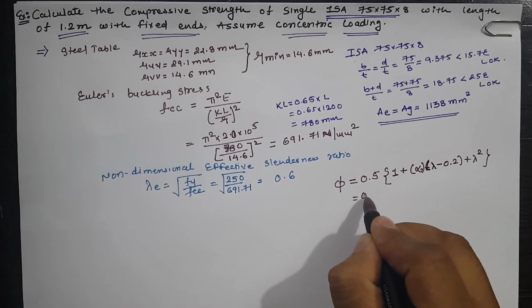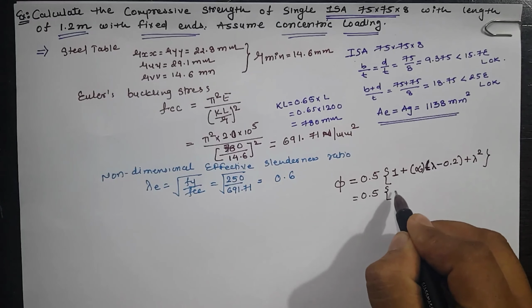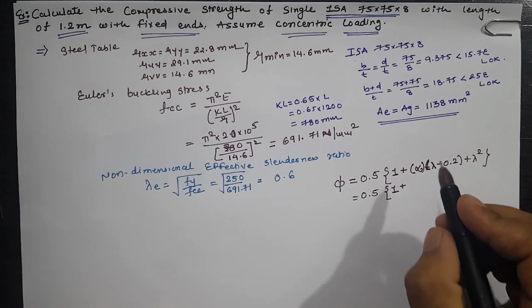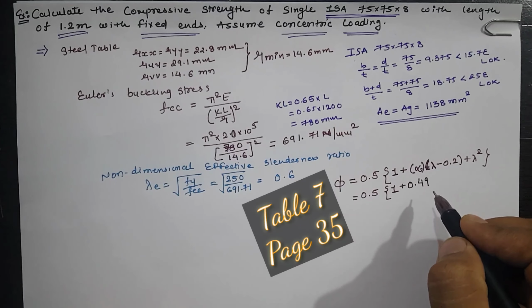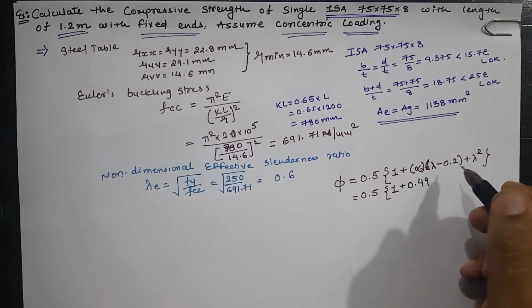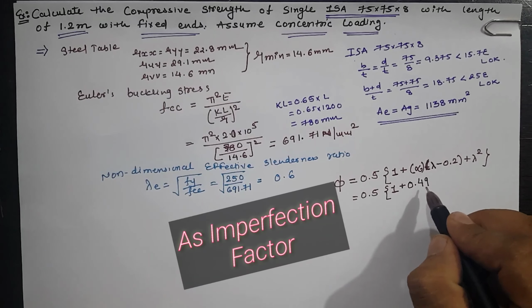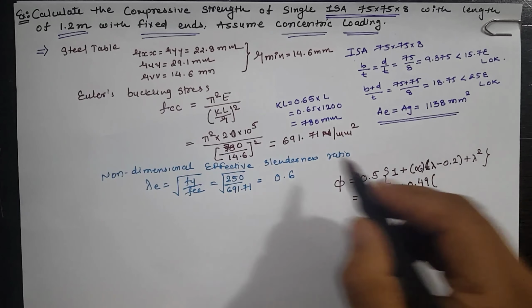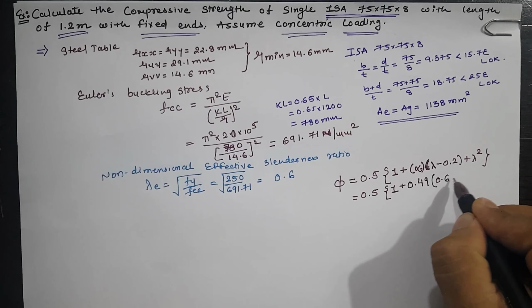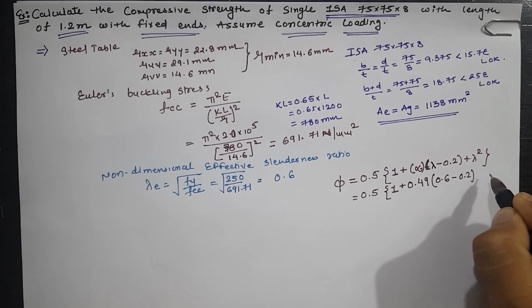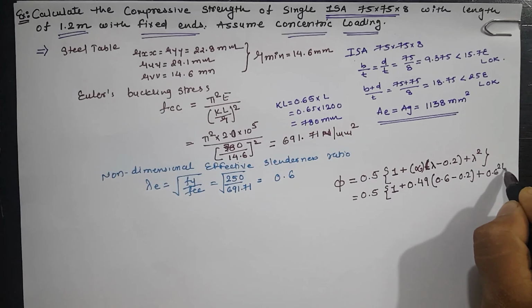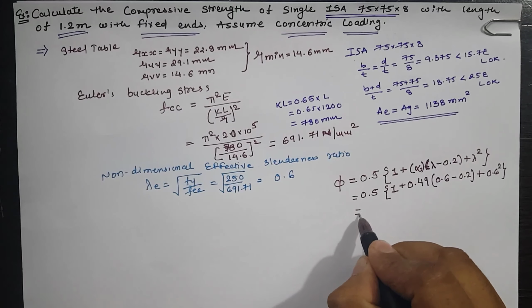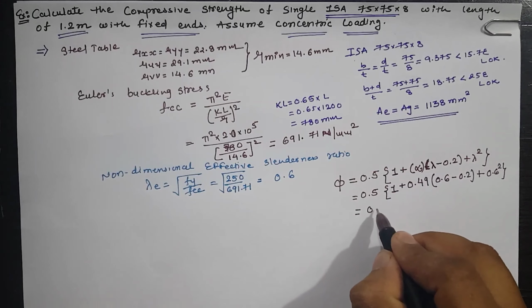Putting all the values, 0.5, 1 is constant, plus alpha is equal to 0.49 from table number 7, page number 35. It is the imperfection factor, into lambda is 0.6 minus 0.2 is constant, plus 0.6 square.